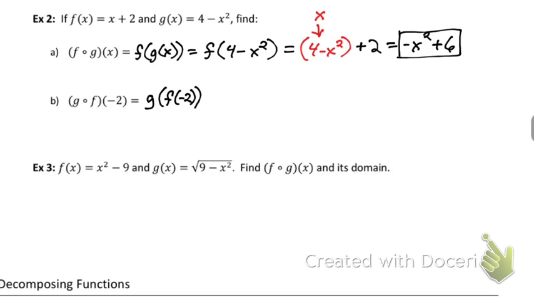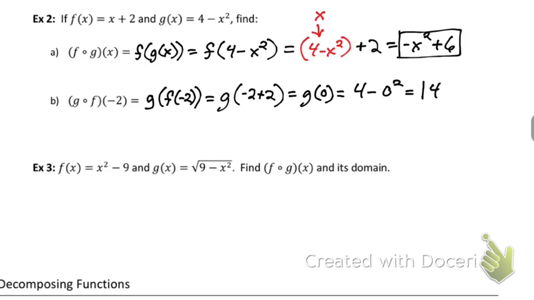So that would be g of, we're plugging negative 2 in for that x, so it would be negative 2 plus 2, which would be g of 0. Well, g of 0 is just replacing that x with 0. So we would have 4 minus 0 squared, which is just 4.